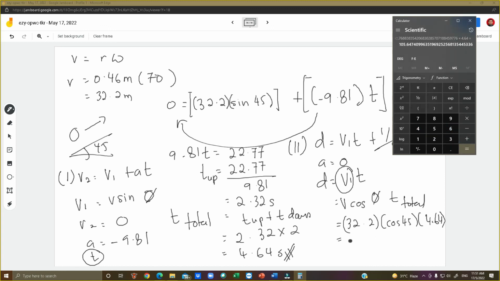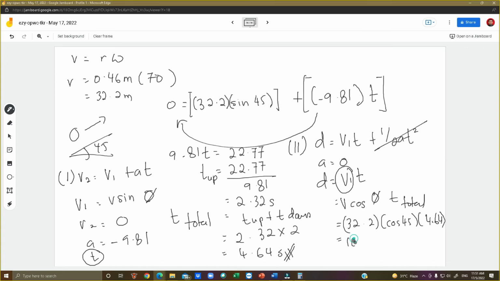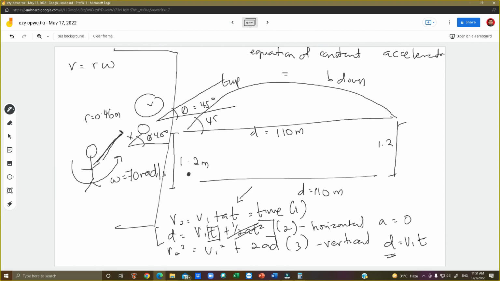We have 105.6 meter. This is what will be covered by the ball. 105.6. Meaning it lands here, near 105, not 110.